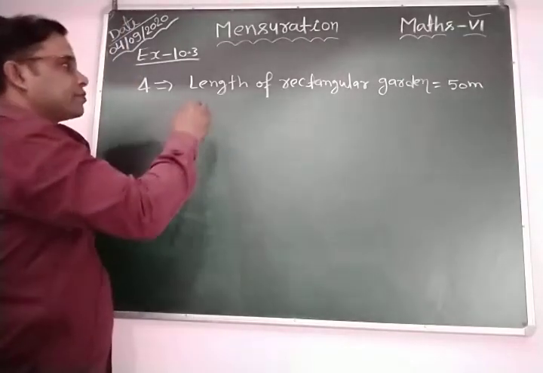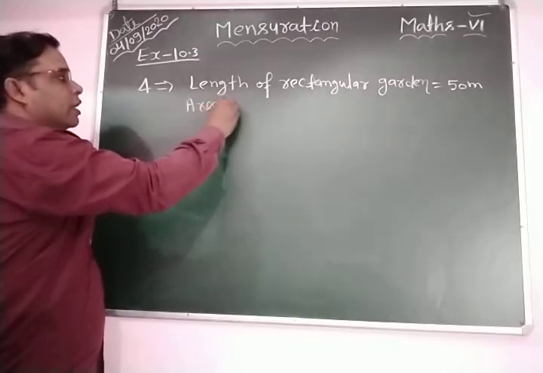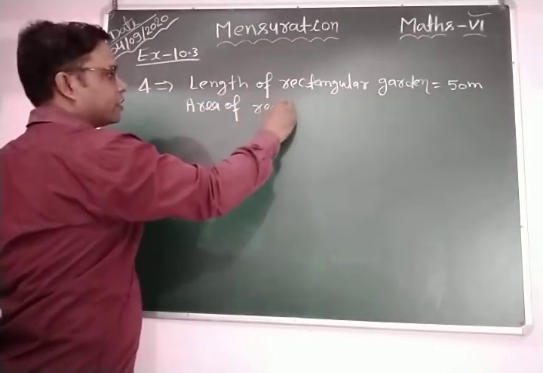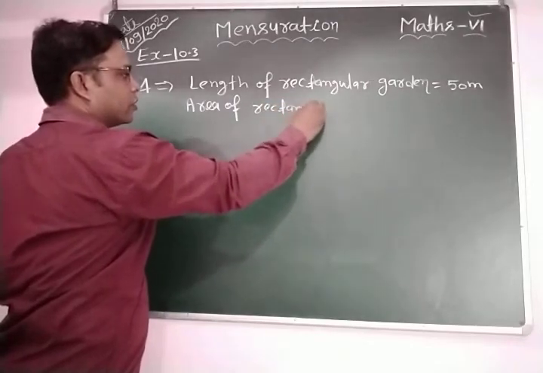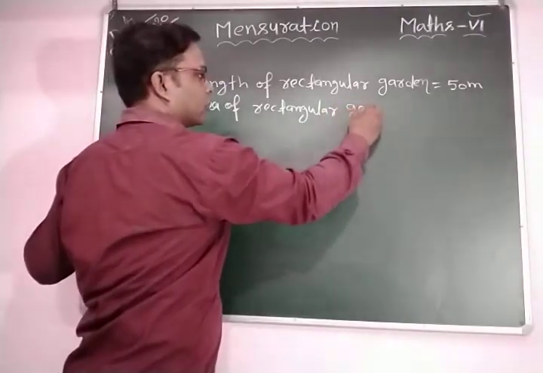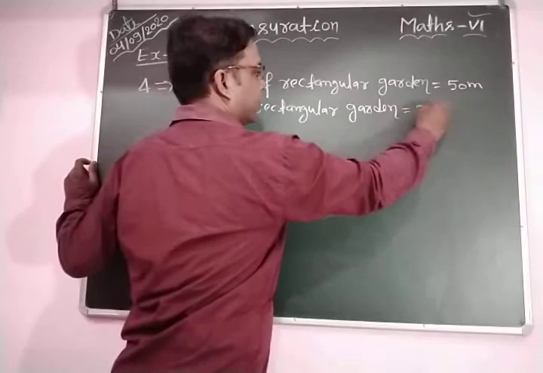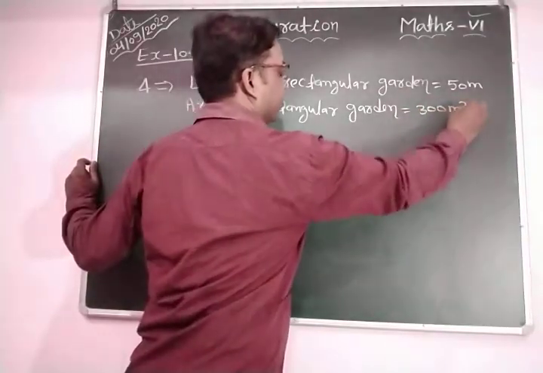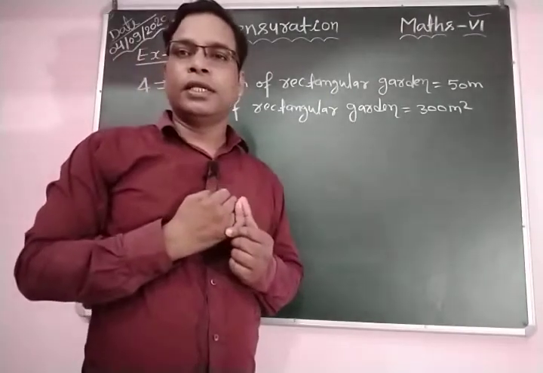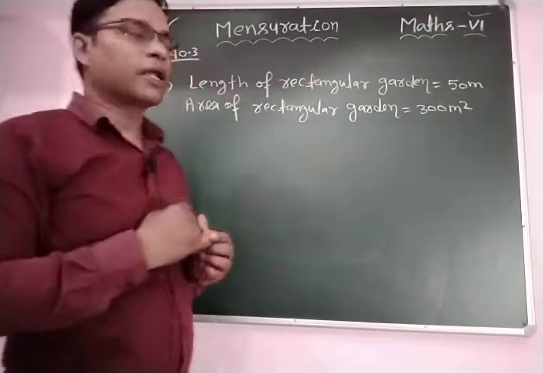So you can write here the area of a rectangular garden, this is also given, 300 meter square. Now here we need to find the width, or you can say breadth, of the rectangular garden.